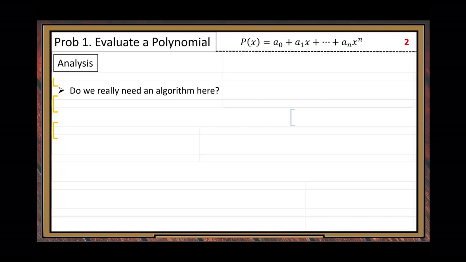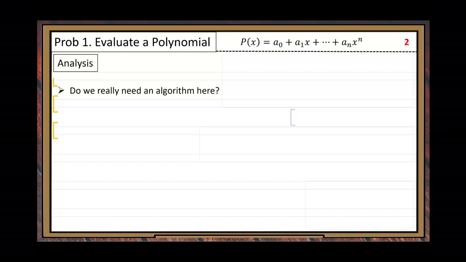So this is not an issue. Any step-by-step procedure or process, we treat it as an algorithm. So here, what we need is a much more efficient algorithm.